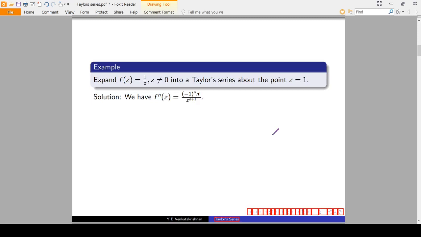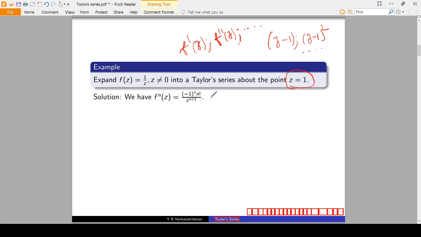Now, as a first example, we will expand f of z about the point z is equal to 1. So your power series expansion contains terms of the form z minus 1, z minus 1 the whole squared and so on. The Taylor series also involves the derivatives f dash of z, f double dash of z and so on.